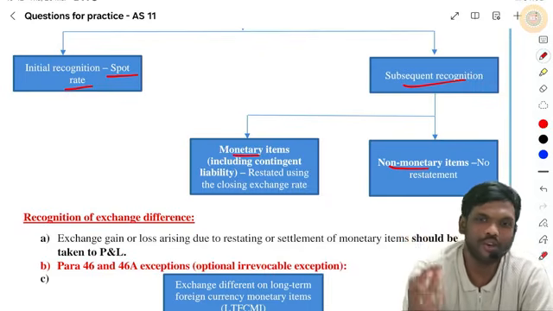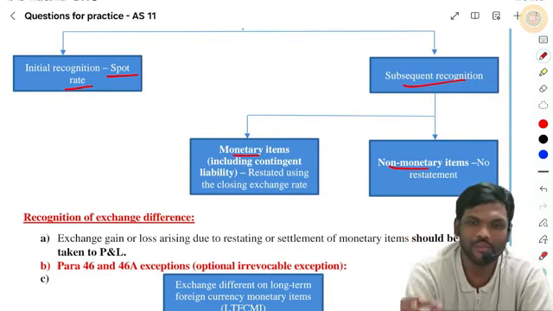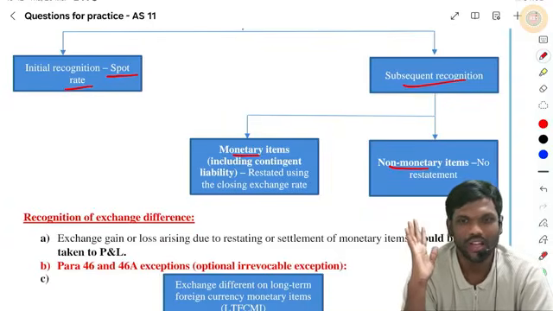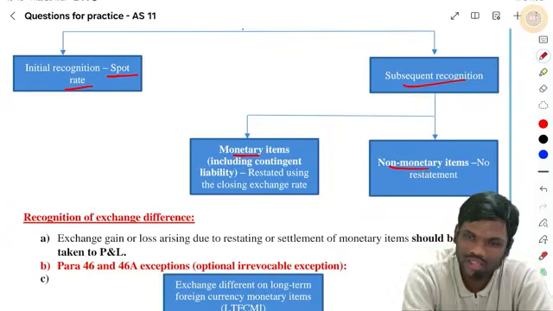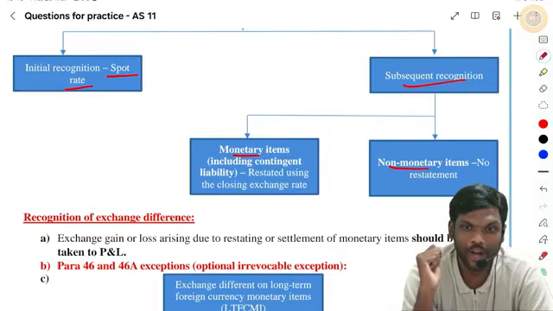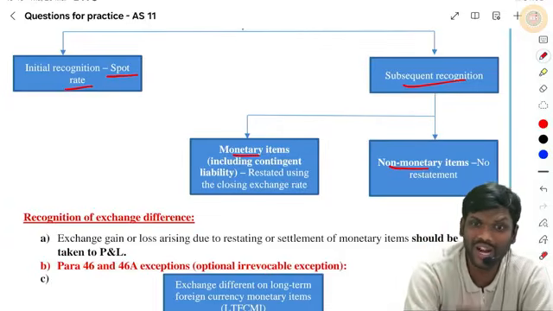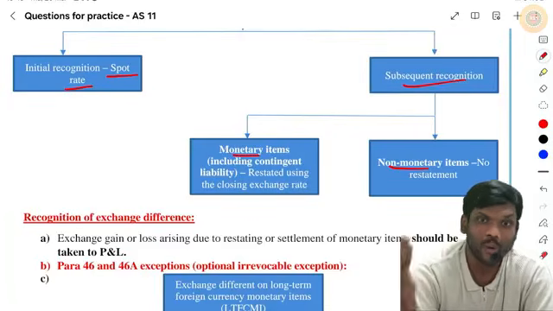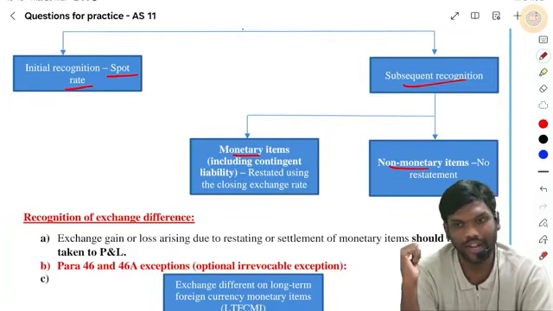For example, you have a foreign currency debtor. Assume I am selling to a customer in the US for $1 lakh. Now think and tell me, on 31st March, if the exchange rate changes, won't it affect my cash flows in the future? Because if the exchange rate is 90, 1 lakh into 90, I will receive 90 lakhs. But if the exchange rate becomes 80, 1 lakh into 80, I will receive only 80 lakhs.